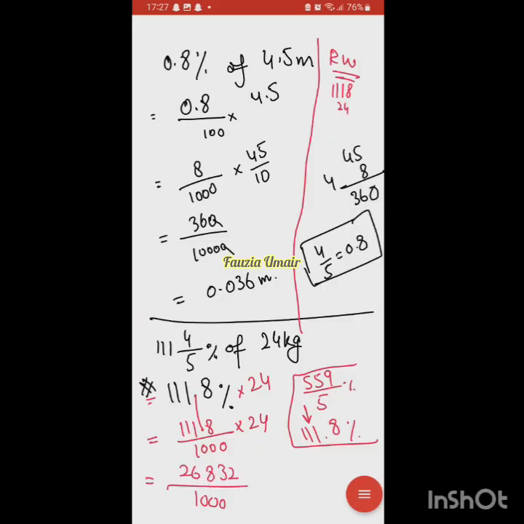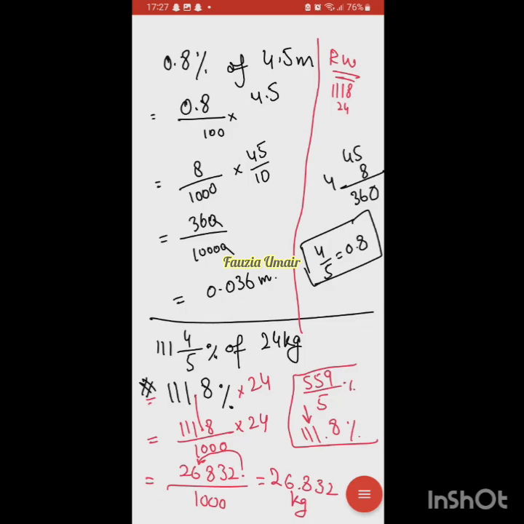All right, 26,832. Now in the denominator there are three zeros, so this decimal will go back three decimal places. So this is 26.832 kgs.